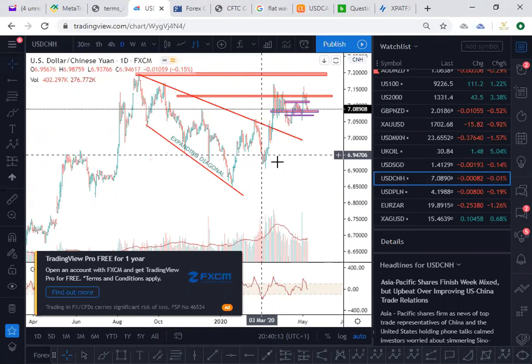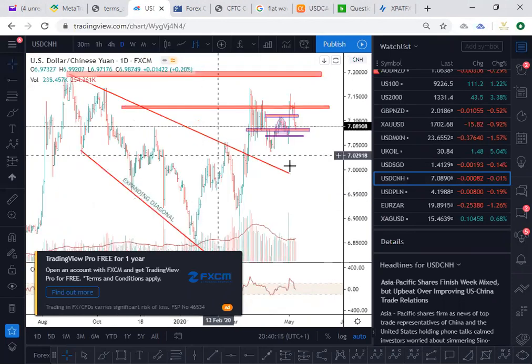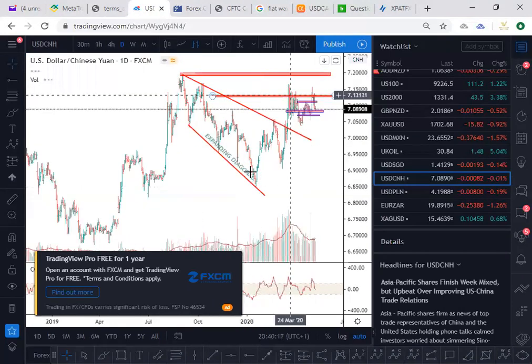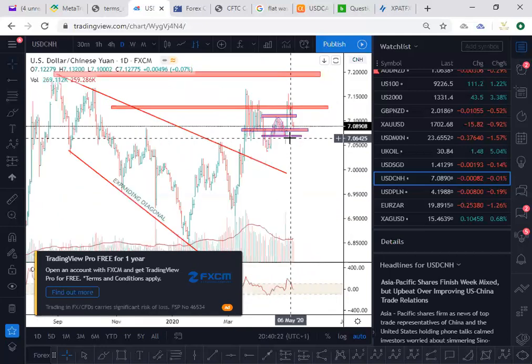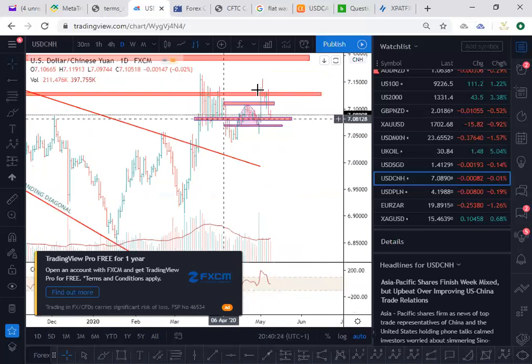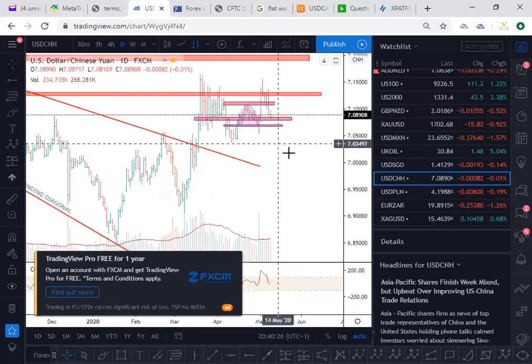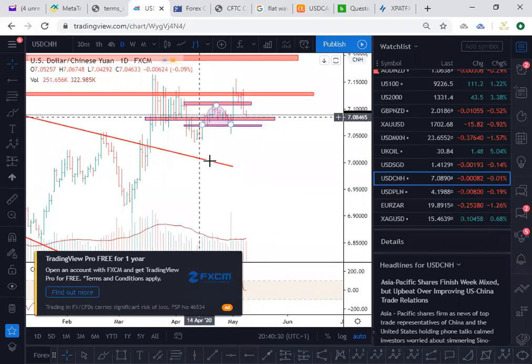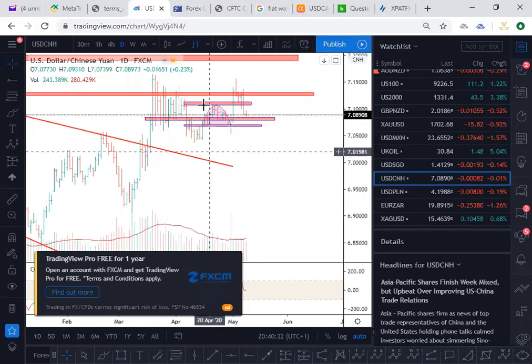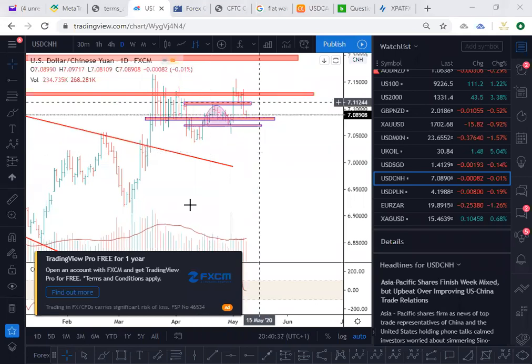Price then indeed made this ABC to the upside, which looks like some sort of zigzag. So we could expect that the market will do some bit of correction, maybe a three-wave move to the downside, but that we do not know at the moment. There was also some consolidation inside of this area.